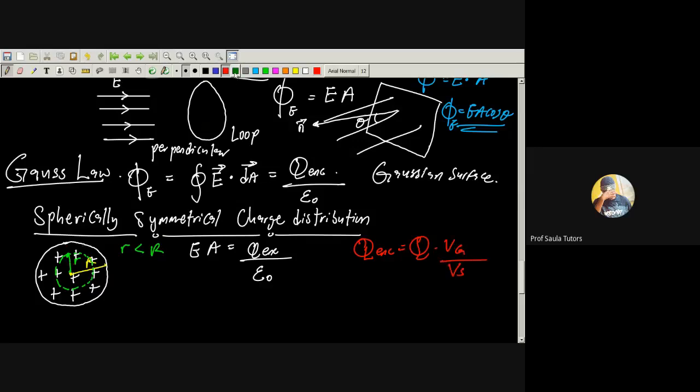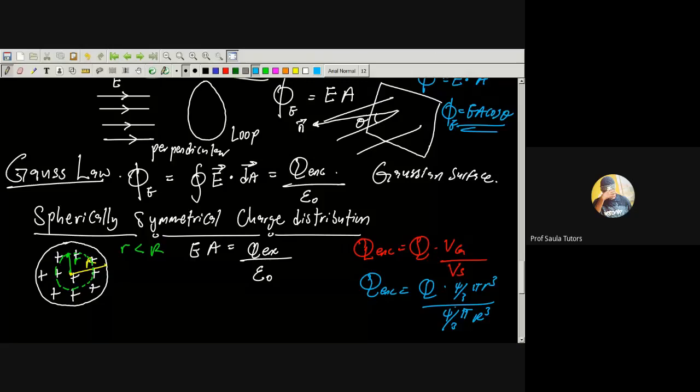Now the charge enclosed is equal to the total charge Q. The volume of this Gaussian surface is the one with radius r, that's 4/3 pi r cube, all over the total volume of this sphere, 4/3 pi R cube. Are we together?